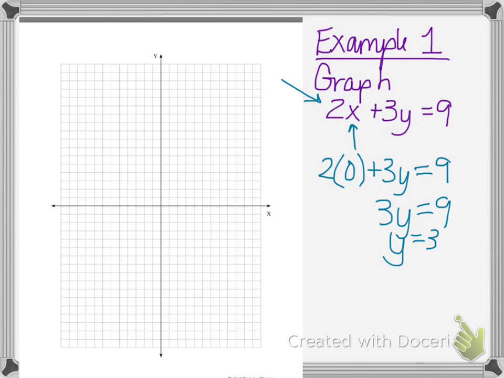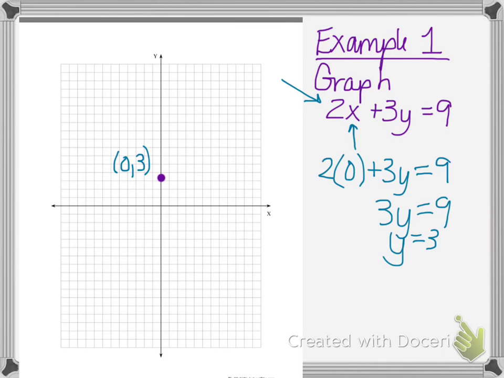So the y-intercept is at the point (0, 3). So the point x equals 0, y equals 3 is a solution to that equation.